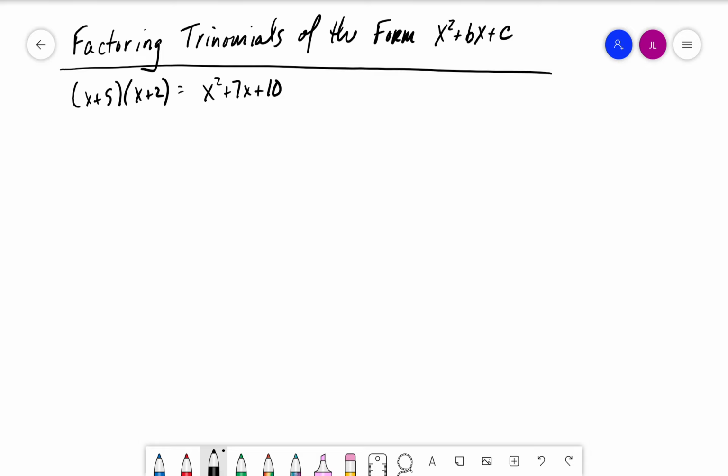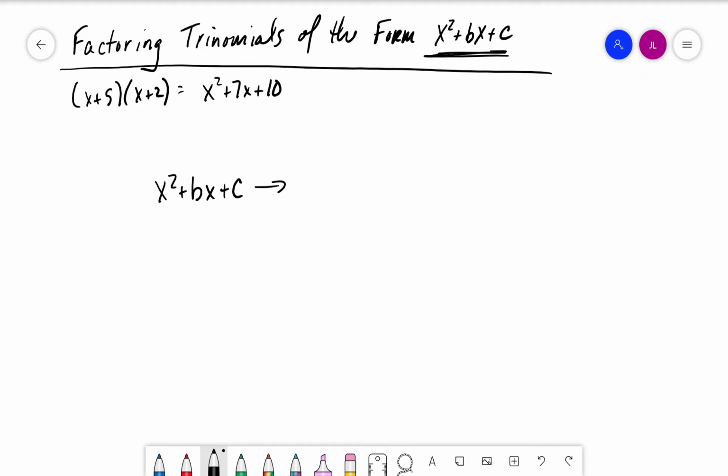When we think about this, I guess just writing it out would be the best way to put it. If we look at a factored form of x squared plus bx plus c, so we have two positive signs in here.